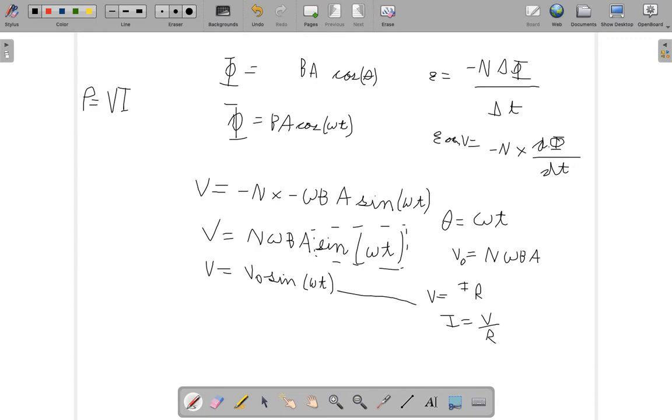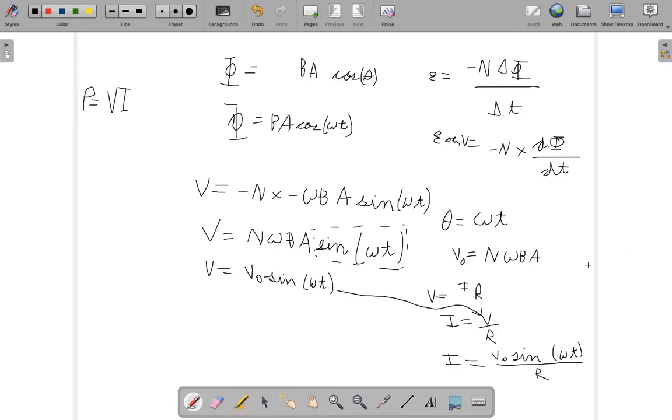So let's input our new expression for voltage: we get initial voltage times sine of angular frequency times time over resistance.